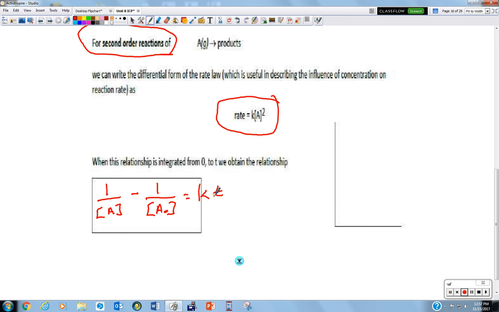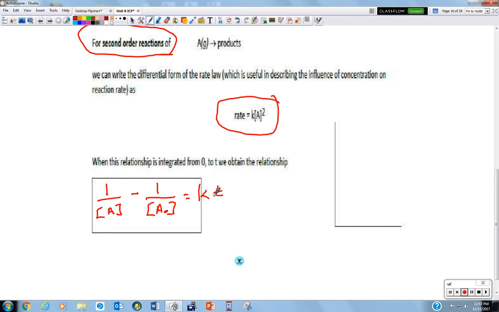And this one is not negative kt. We only do 0, first, and second. If there's more, I don't know because I've never done them either.